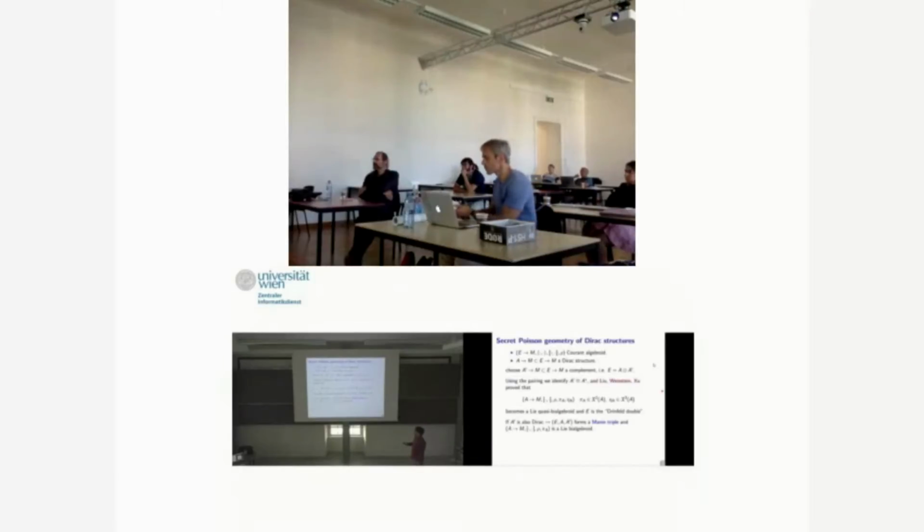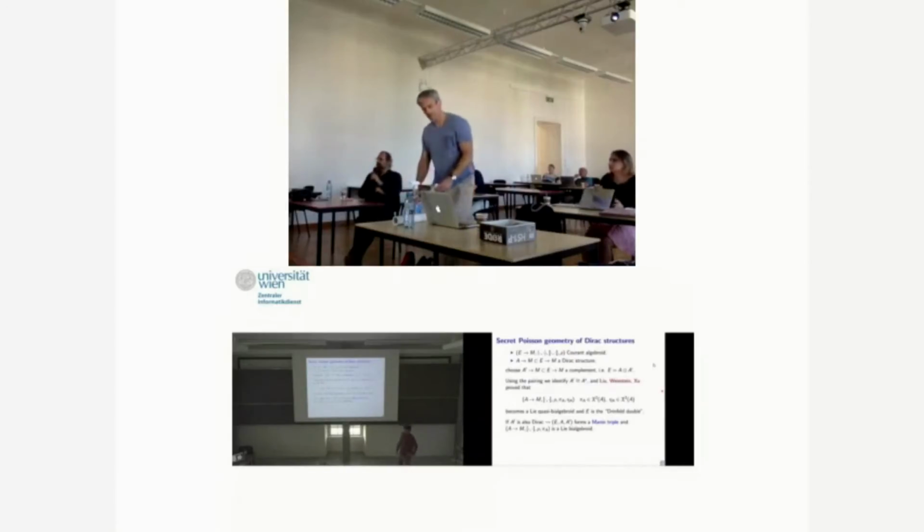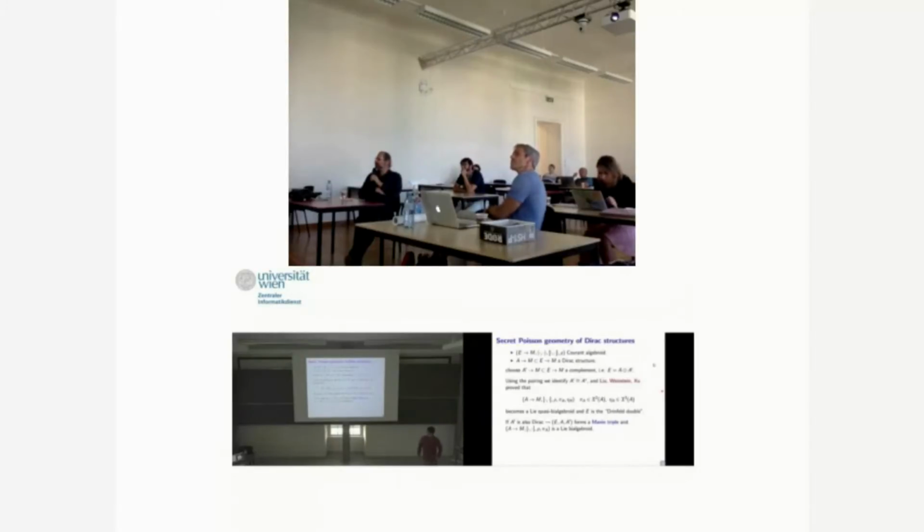Pi A is an ordinary Poisson structure on A. Yeah, a linear one. A linear Poisson structure. A viewed as a manifold or what? A viewed as a vector bundle. So what does it mean, a linear Poisson structure on a vector bundle? You mean the vector bundle A viewed as a manifold and you have a Poisson bracket on it?